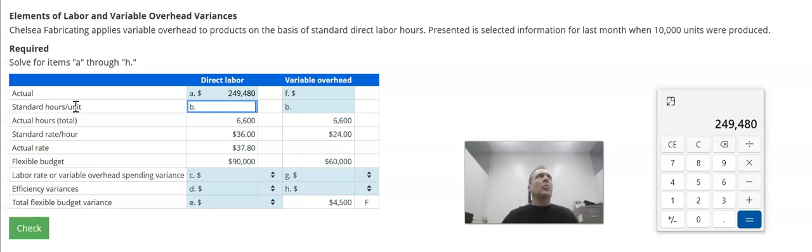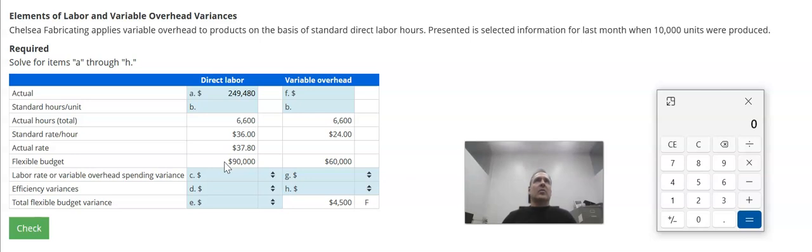All right then. So the next thing that they want us to solve for is the standard hours per unit. Okay. And so, what we're going to do there is we're going to say, okay, I have a flexible budget for my direct labor of $90,000.